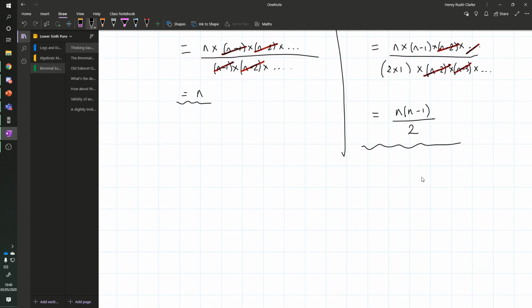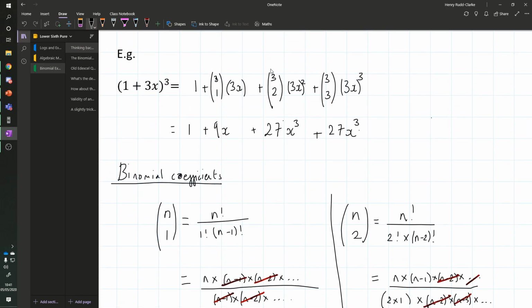So -2 choose 2 would be -2 times -2 minus 1 over 2. -2 minus 1 is -3, -2 times -3 is 6, 6 divided by 2 is 3, and that would be the answer.